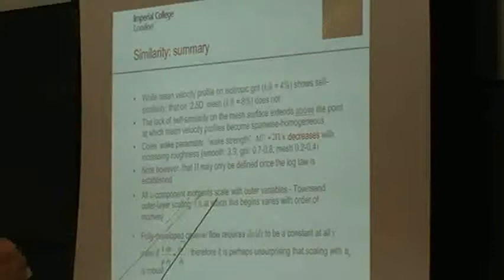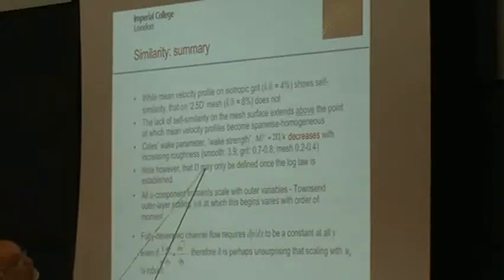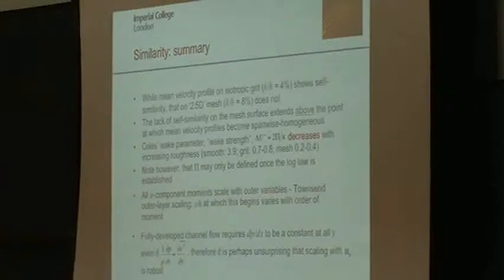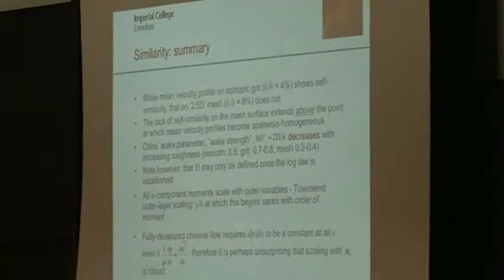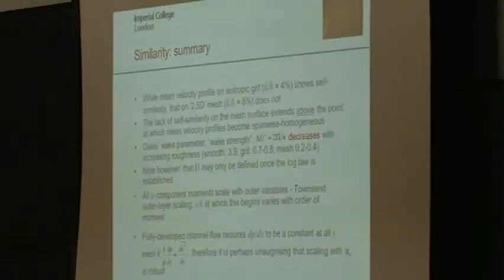And we're also fairly confident that really quite persistently, Townsend's outer scaling actually works really quite well. But then if you think about it, well, the whole motion, irrespective of the fact that you get a normal pressure gradient, all the motion is actually geared to a streamwise pressure gradient.